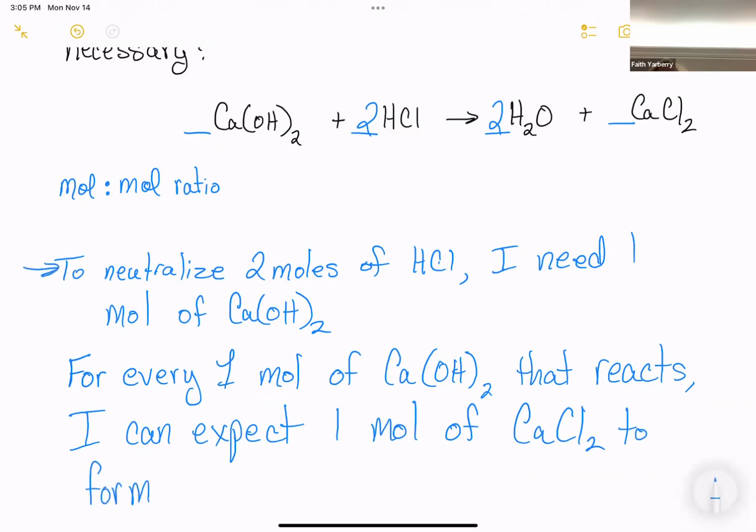So again, these coefficients are mole to mole ratios.